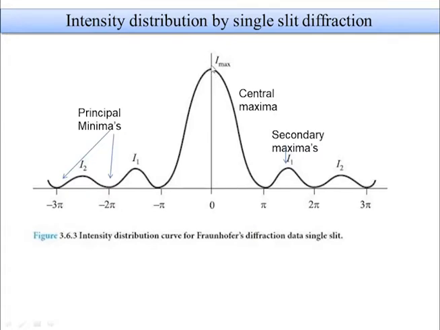Maximum intensity, central maximum, alpha is equal to 0. Alpha is equal to n pi, 2 pi, 3 pi, etc., you will get minima. And the condition for secondary maxima is alpha is equal to pi by 2, 3 pi by 2, 5 pi by 2, etc. I have already mentioned there in terms of lambda.